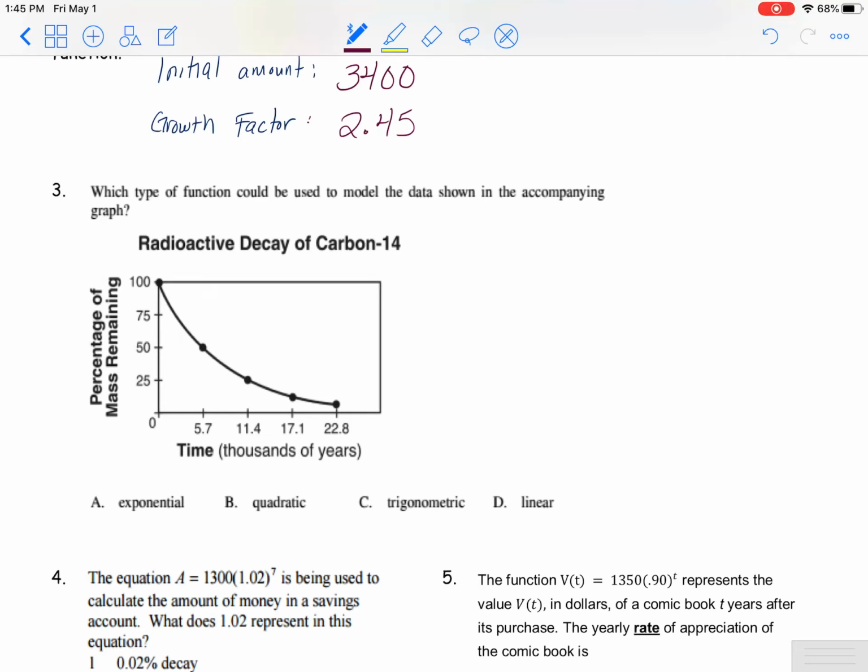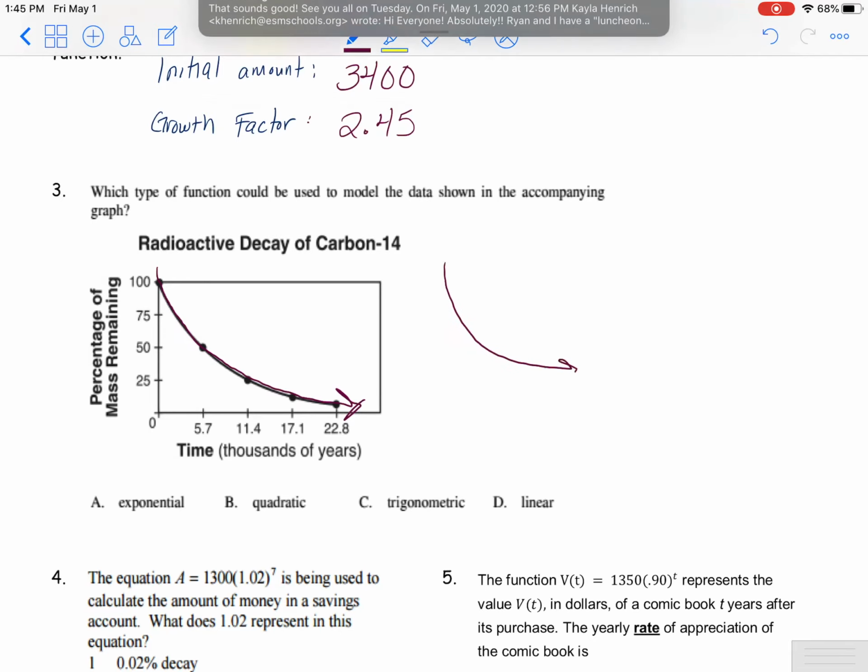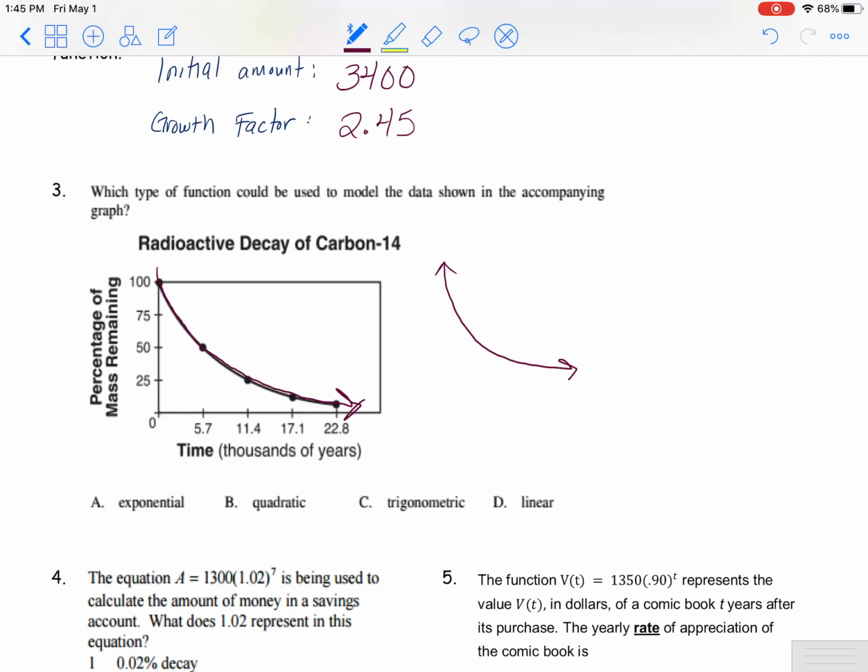Question 3. What type of function could be used to model the data shown in the accompanying graph? If I take a look at my graph, it's definitely not a straight line. But remember, we always read a graph from left to right. If I start on the left side and I look at my graph, it looks like it's going down. So remember, if I have a graph that goes down, this would be an exponential decay.